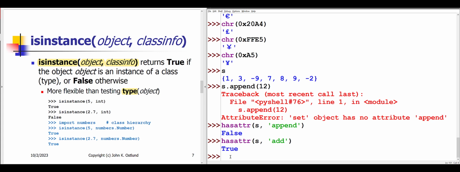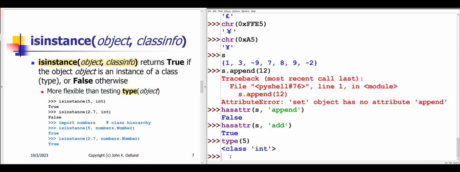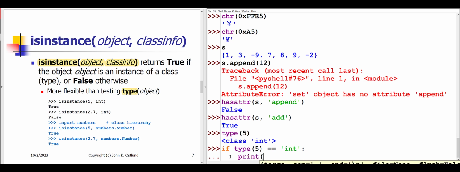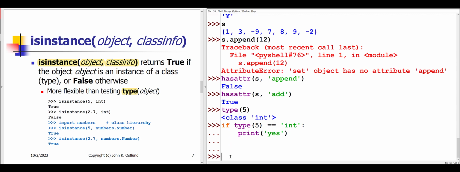For example, if I say type of 5, I get told that that's an int. And I can write code like if type of 5 equals int, then display something. Type 5 equals int. Why didn't that print anything?